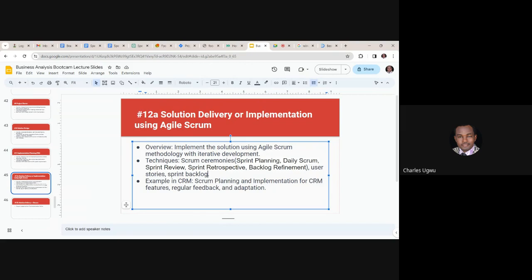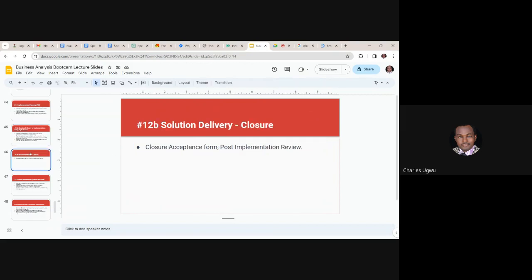And that is how we are going to apply it in a CRM when we implement our CRM solution. It's a continuous process. When this is done, you don't just leave it there. For instance, after we finish configuration, the solution delivery doesn't just end.